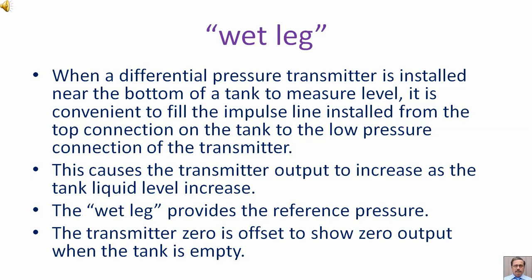This causes the transmitter output to increase as the tank liquid level increases. The wet leg provides the reference pressure. The transmitter 0 is offset to show 0 output when the tank is empty.